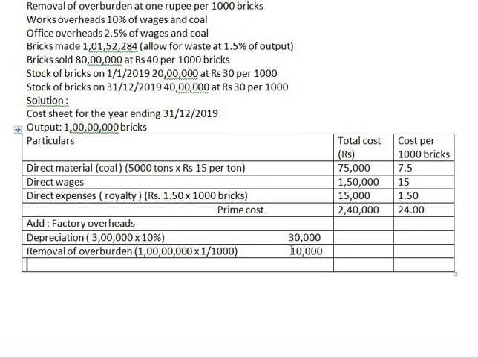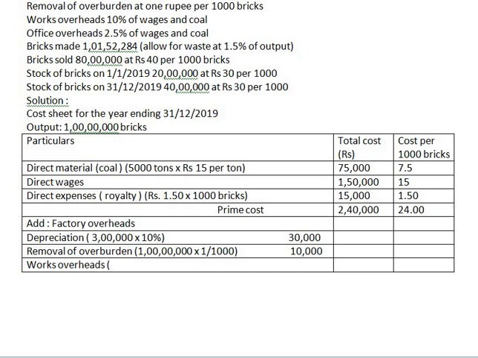Now next, works overheads is 10% of wages and coal. Works overheads is related to factory overheads. So here you can write works overheads.